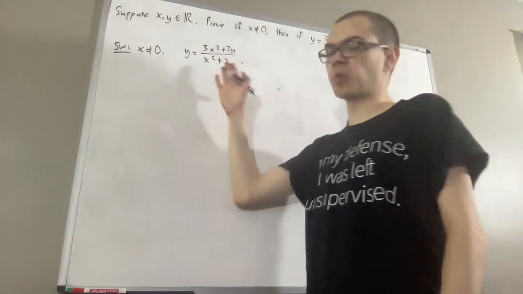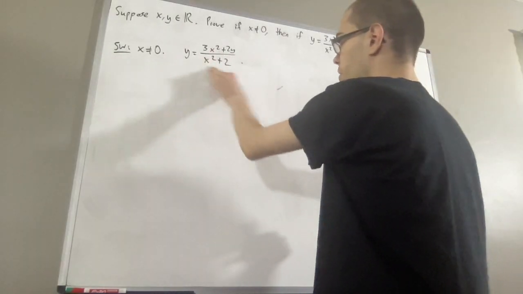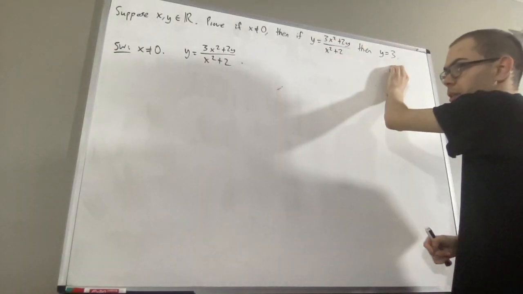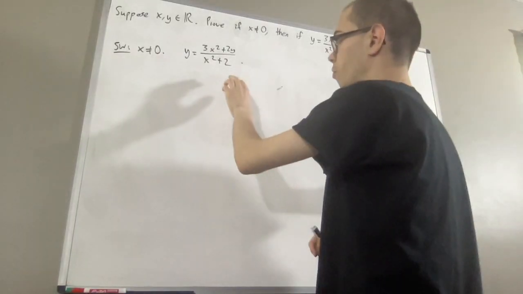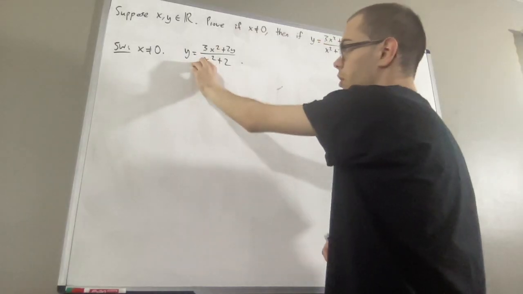The reason why doing it this way might be useful is because maybe we could reduce this equation down to y equals 3. Notice if we multiply x squared plus 2 to the other side, what do we get?